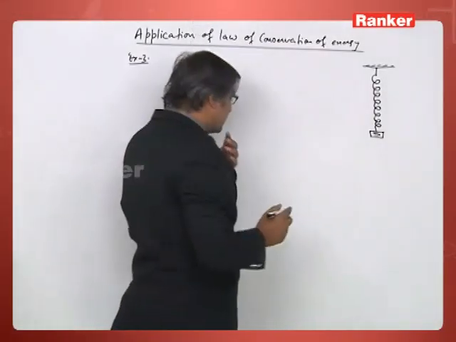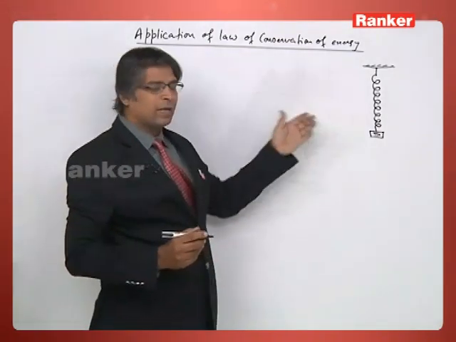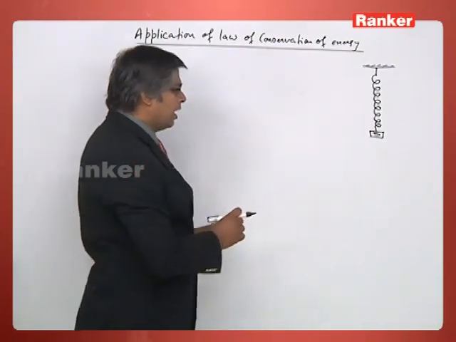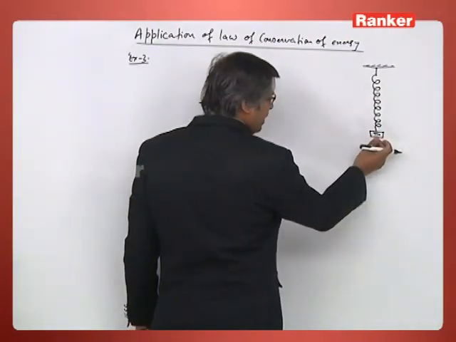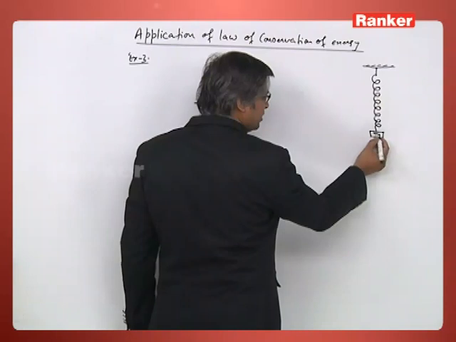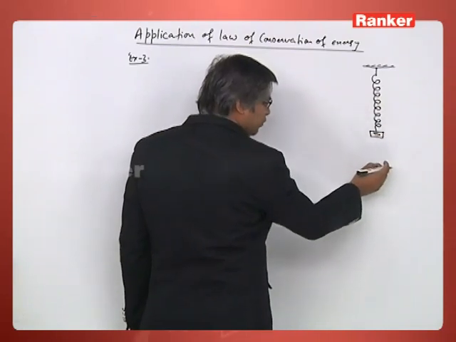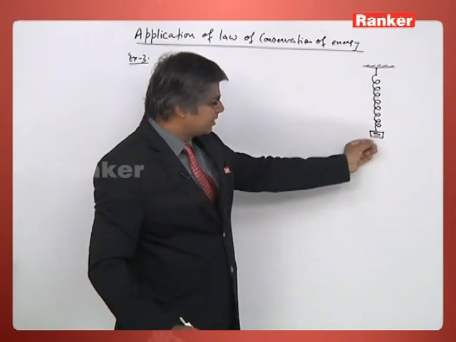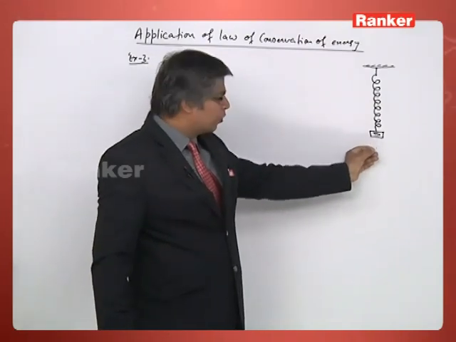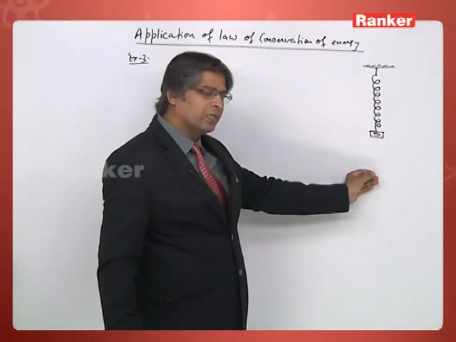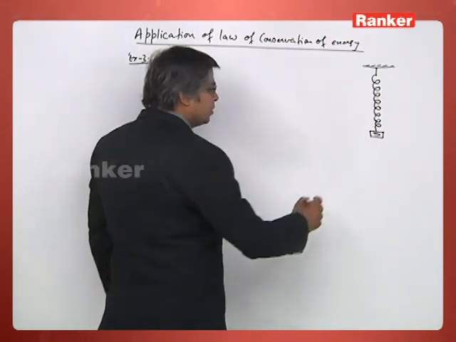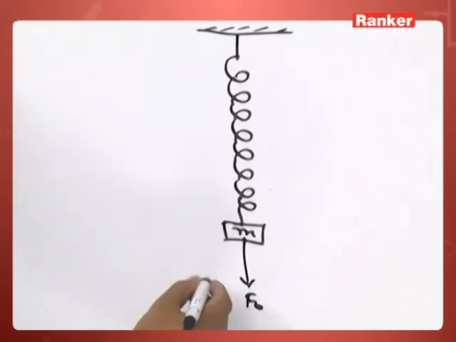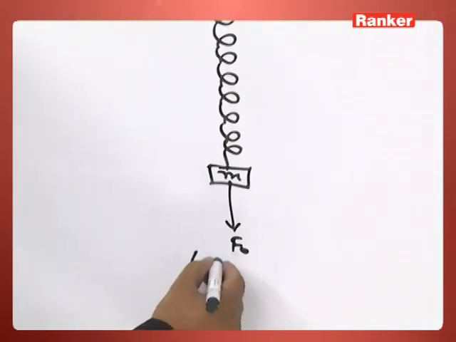Now what I do, I start pulling by applying an increasing force. Initially my force is very small, then I apply more force, and slowly I keep increasing it. When I apply F naught force, the spring breaks. So slowly.